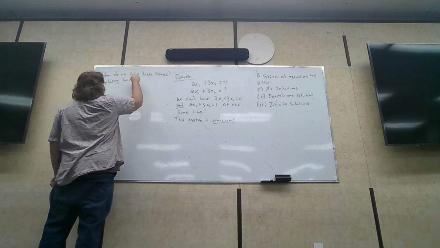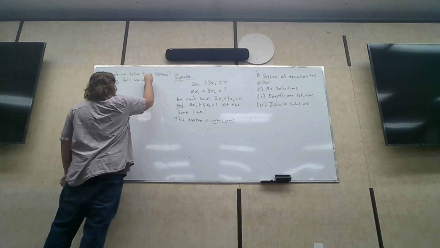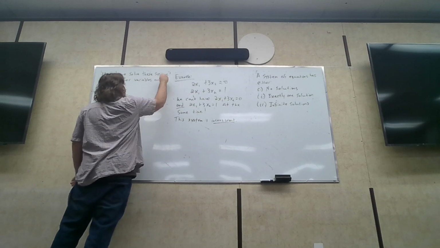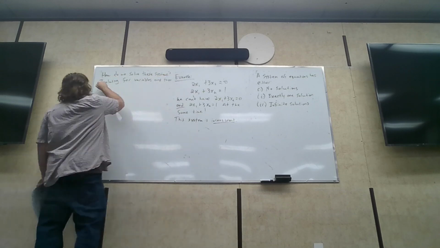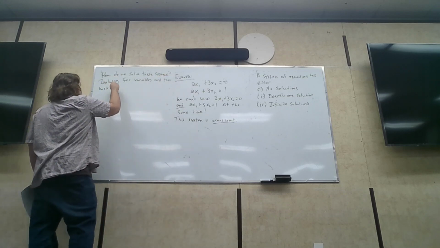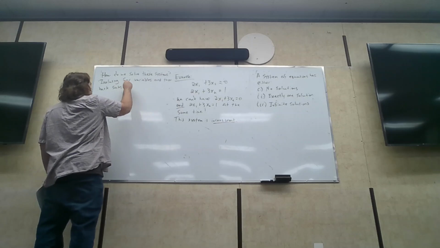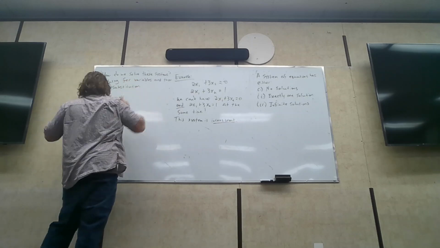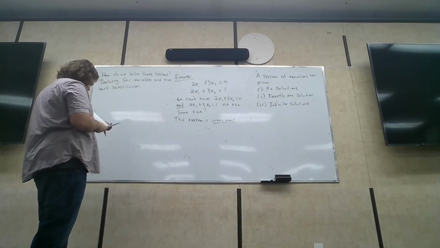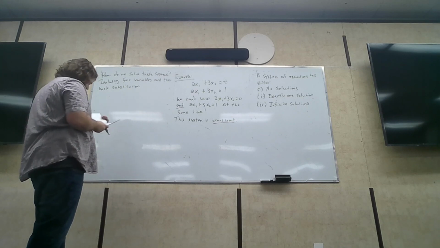For variables, and then what's called back substitution. And let me see if I have an example written down that I can steal from, because now I'm deviating from the notes.